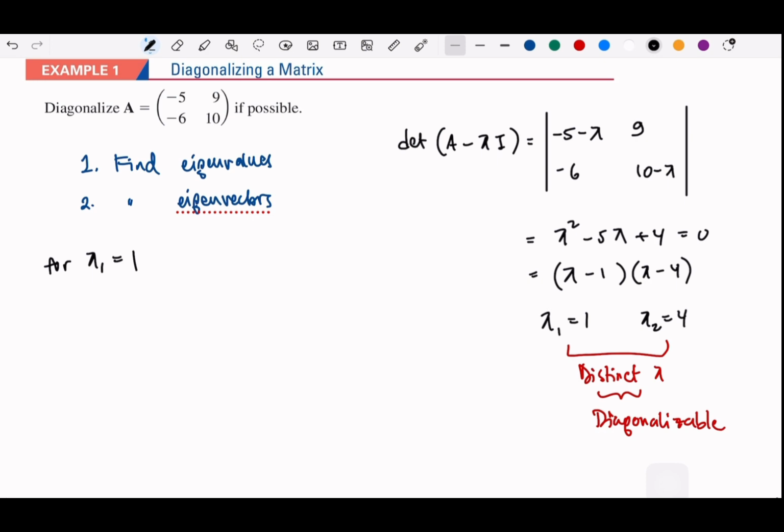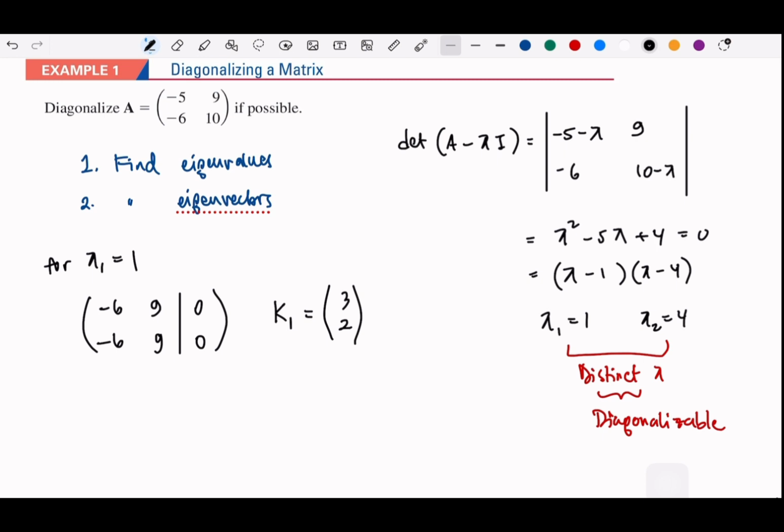First is minus 5 minus 1, so minus 6, 9, minus 6, and then 9. Then we take the row operations equal to 0 and solve these equations. I will just write the final results. We get K1 as 3, 2.